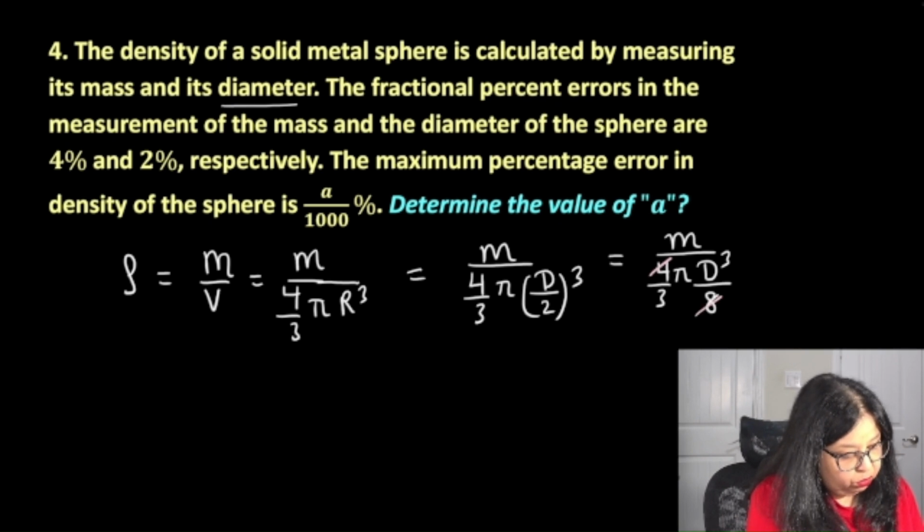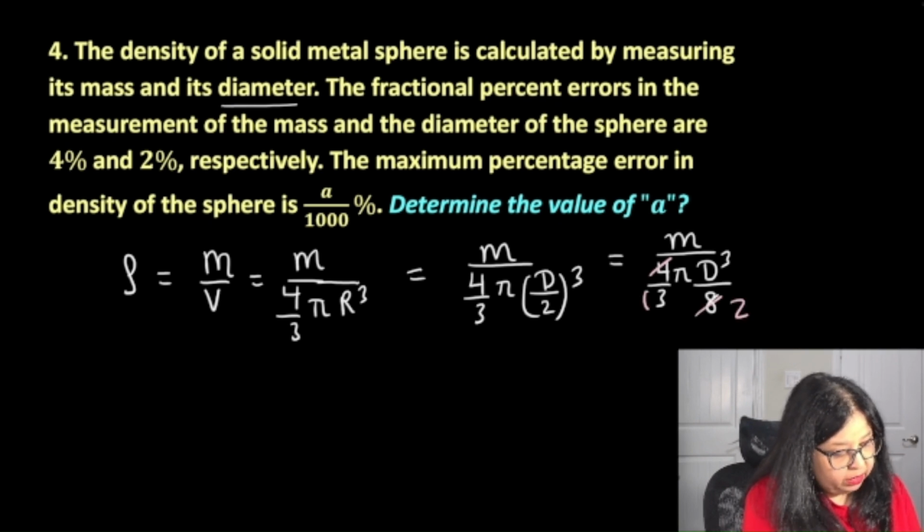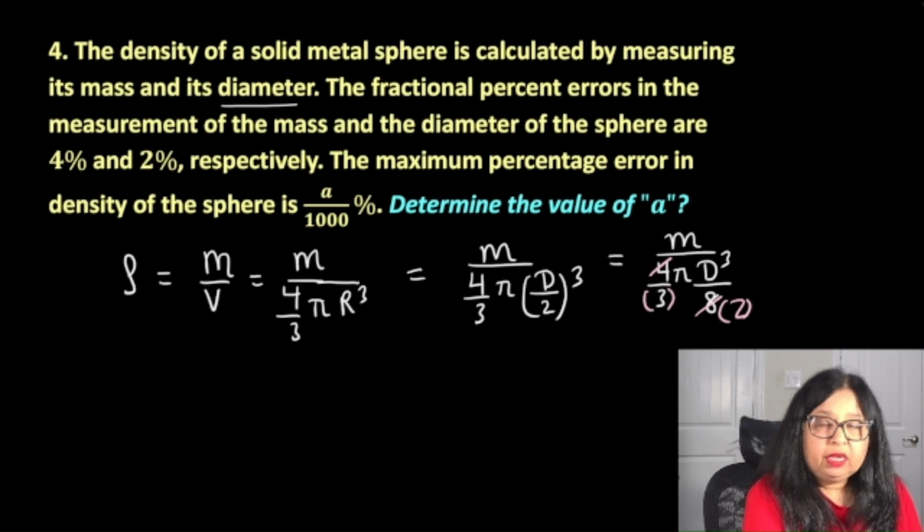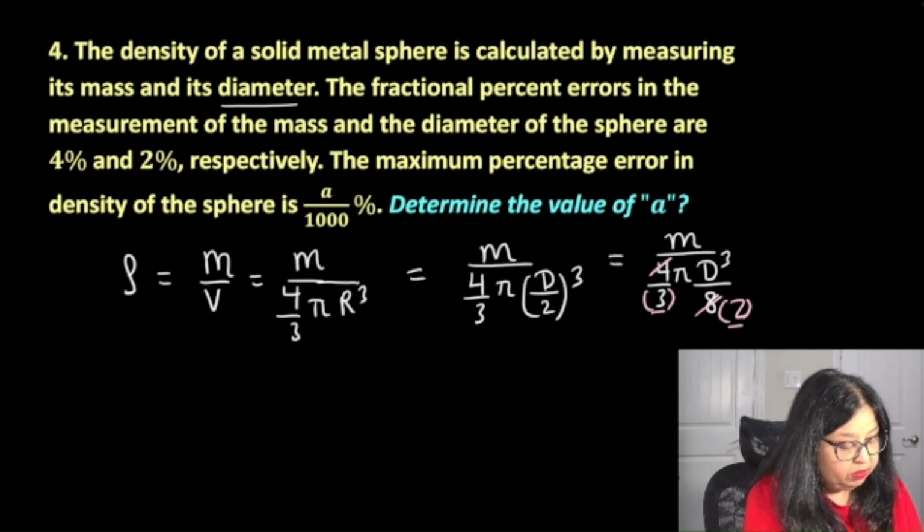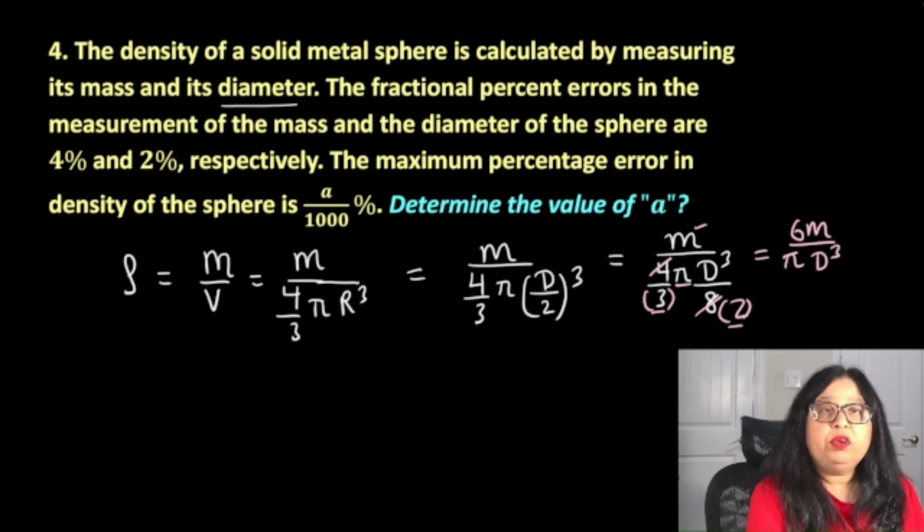This 4 goes into 8 2 times. 3 times 2 is the denominator of the denominator, and the denominator of the denominator is the numerator. So this 3 times 2, which is a 6, comes to the numerator, times m divided by pi d cubed. This is the formula for the density of a solid sphere.